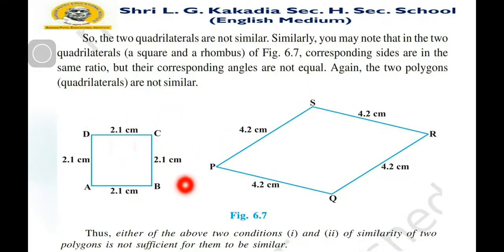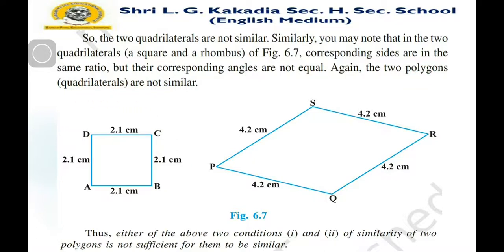So the sides are in the same ratio, but the angles are not equal. The second condition is satisfied, but the first condition is not. Then we can say that both figures are not similar. Corresponding sides are in the same ratio, but their corresponding angles are not equal. Again, the two polygons, that is quadrilaterals, are not similar.